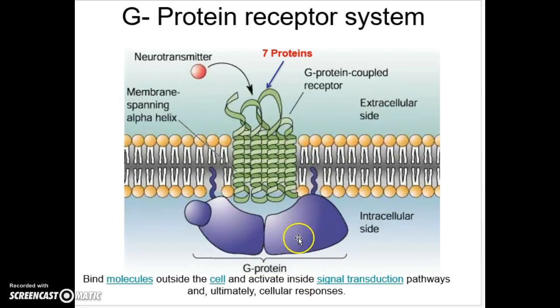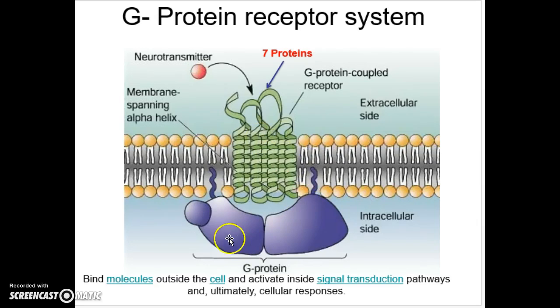And again, here is that G protein with its 3 subunits. And again, these dissociate once this protein that's transmembrane, this is our receptor protein, our G protein receptor, goes through a conformational change when the neurotransmitter binds to it here.